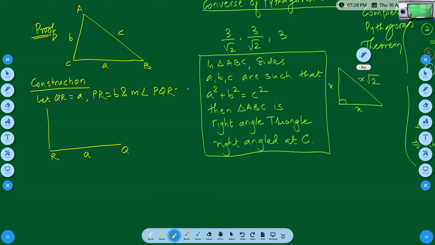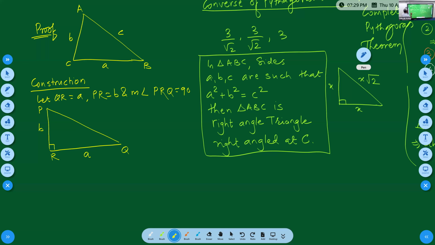This is what we will construct. This is P, this is 90, and this is small b. Angle PRQ is 90, right? Join PQ. Now we have constructed a right angle triangle.